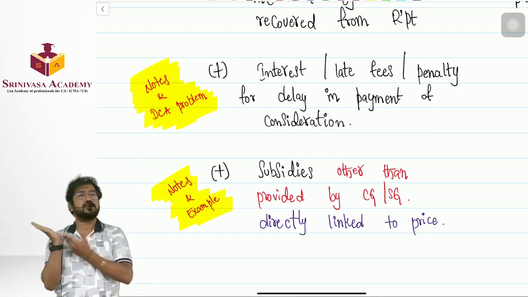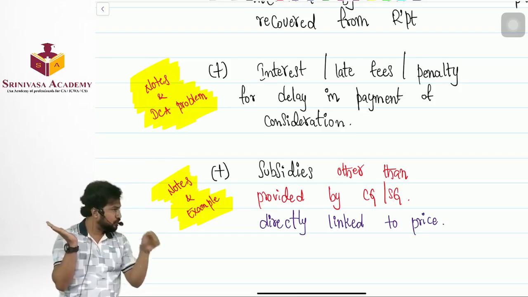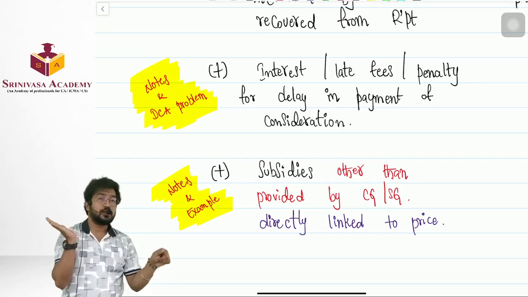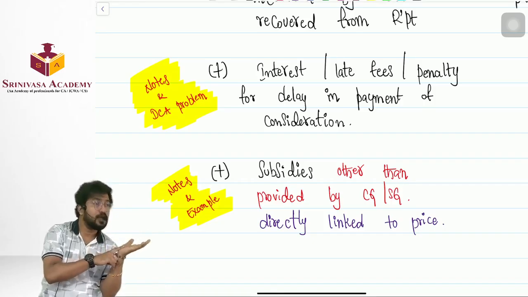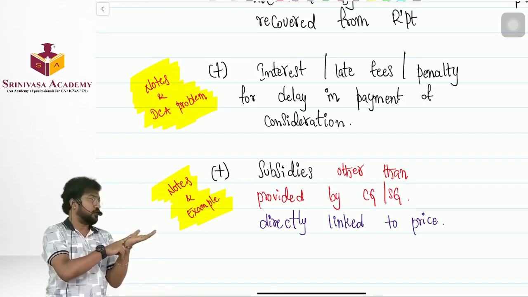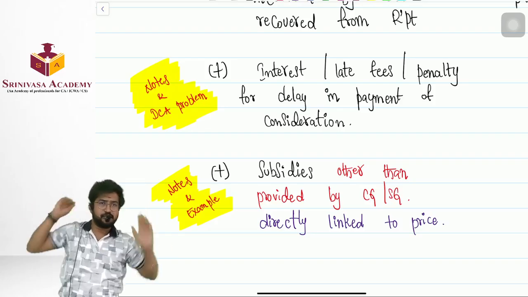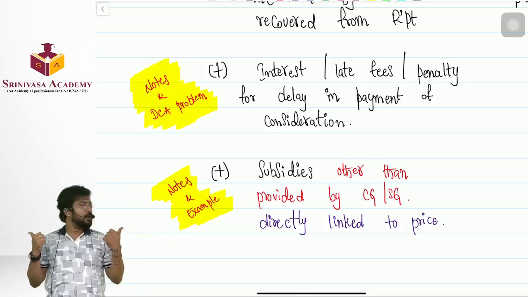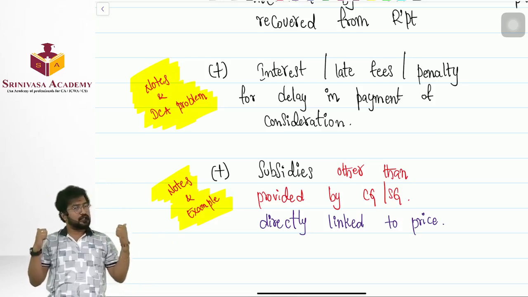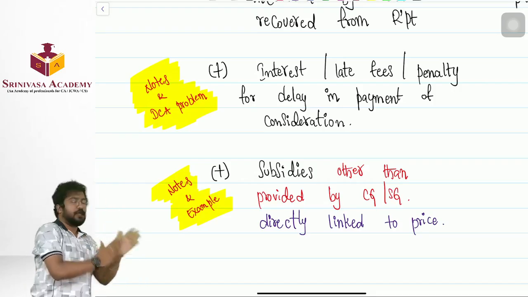All these things are not linked to price. If it is linked to price only, you should add. And that also should be paid by whom? Any person other than the central government and state government. Clear? Then you will add it. So what are the two conditions for subsidy? It should be directly linked to price. Second one, received from other than the central government or state government. Shall we continue, everybody?